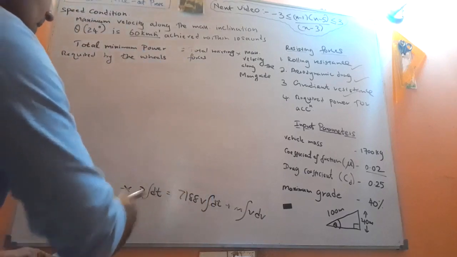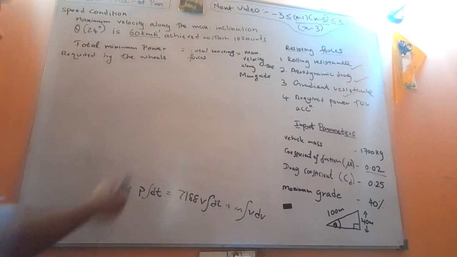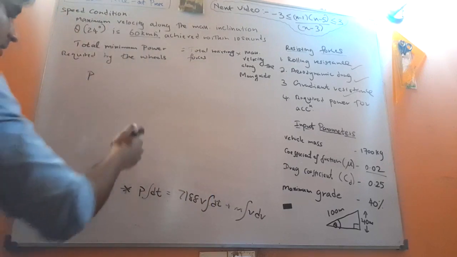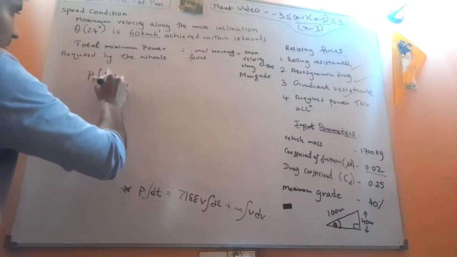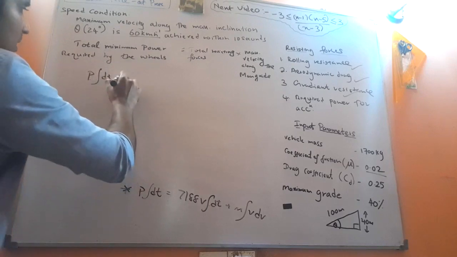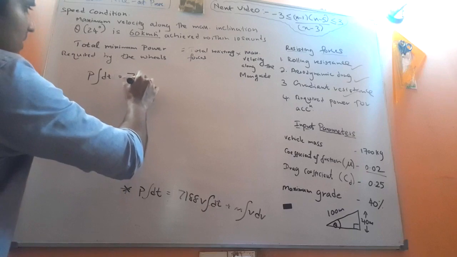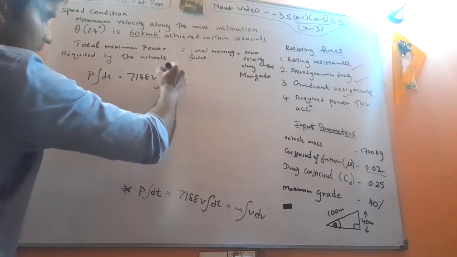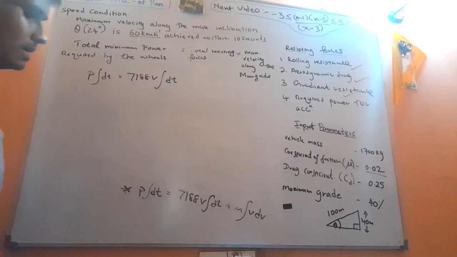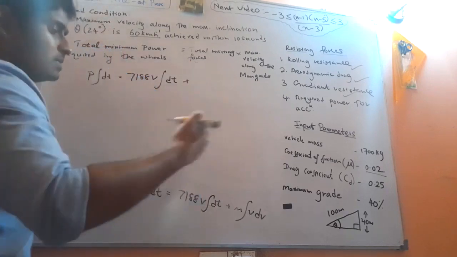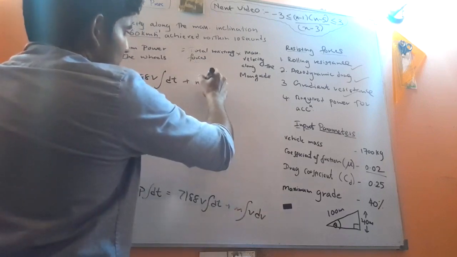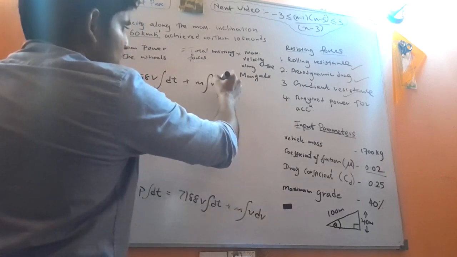From here, I will write it again: power, this is the variable that we need to find, integral dt, equals 7188 v integral dt, plus m times, where m is the mass of the vehicle, m times v dv.